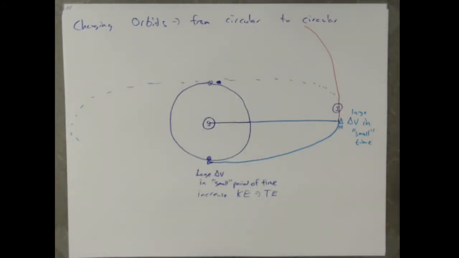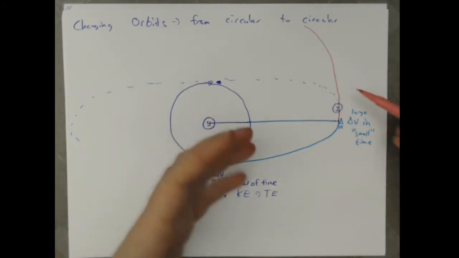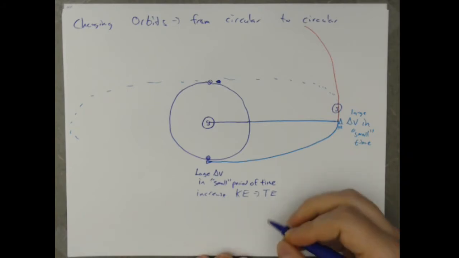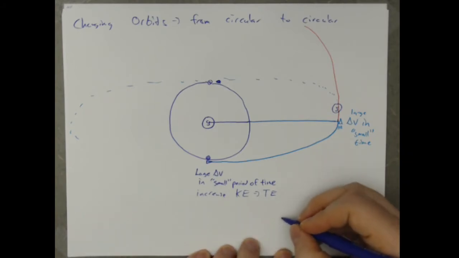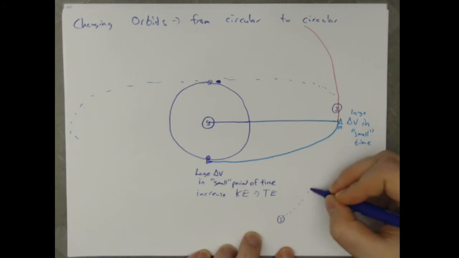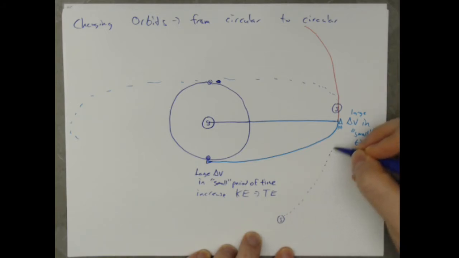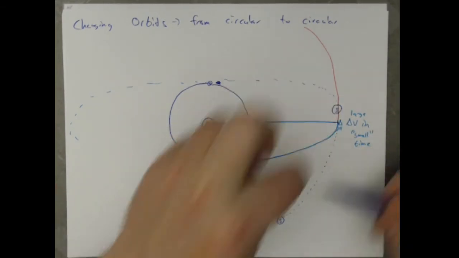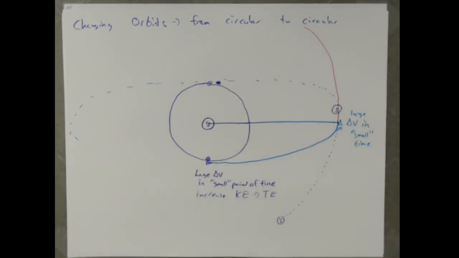Of course, for this to actually work, we would have to time everything. We wouldn't start when Jupiter is here; we would want to start when Jupiter is somewhere over here, so that in the time the rocket travels, it arrives at that point at the same time Jupiter does.